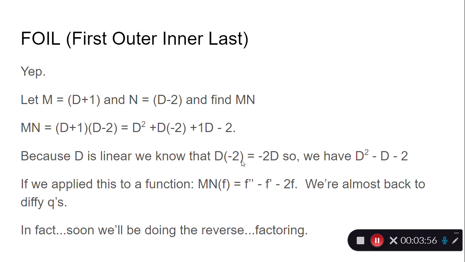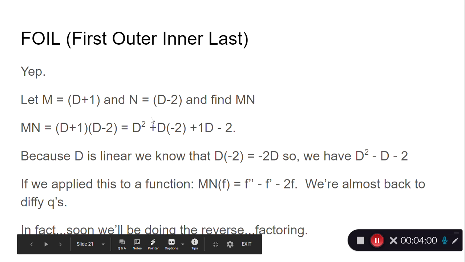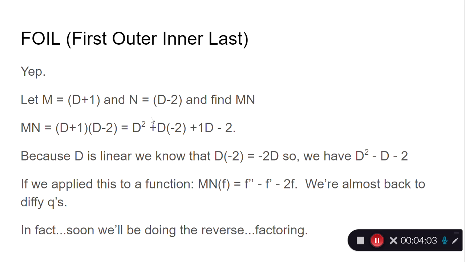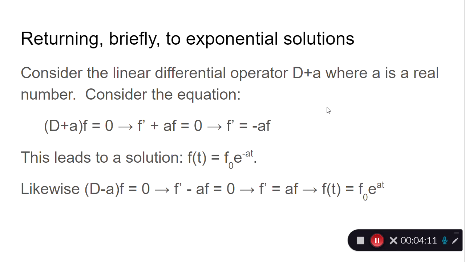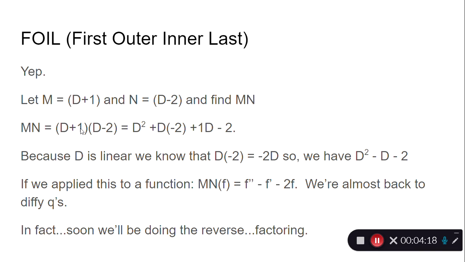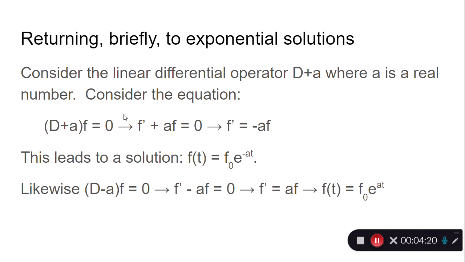So we're working our way towards differential equations so that we can work backwards. It's not going to be clear at the moment why working backwards to these pieces would be helpful, but it's going to be. The reason is this. These little operators, D plus 1, D minus 2, D plus a, form little differential equations. D plus a applied to f equals 0 is a differential equation.